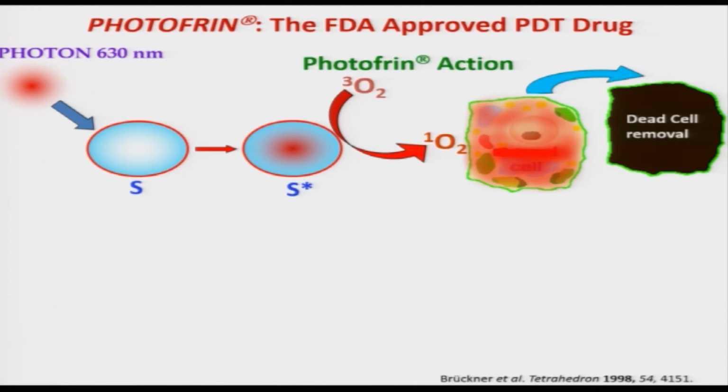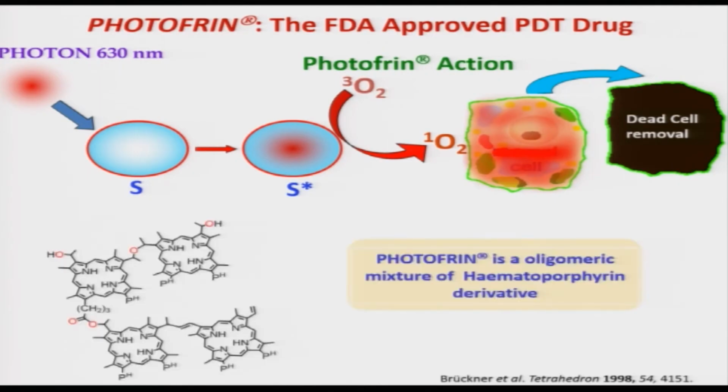So, if you have a cancer cell and you can generate singlet oxygen in that region, the cancer cell would be converted to a dead cell utilizing the singlet oxygen. And photofrin has been used as the photosensitizer here in this photodynamic therapy.